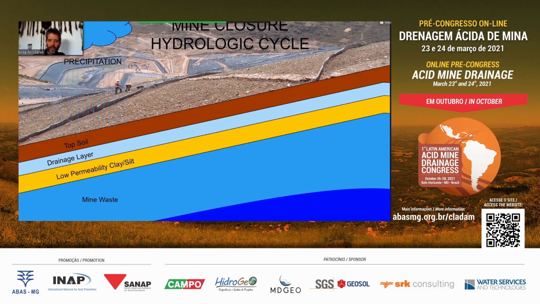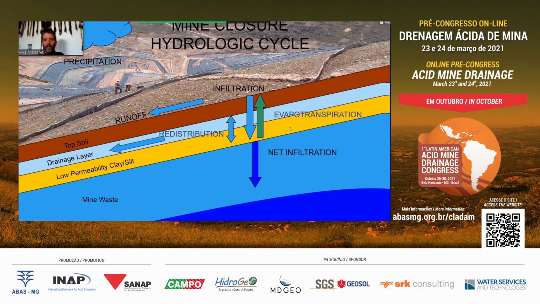So you have precipitation, runoff, infiltration, the redistribution, so some of the water will go out of the drainage layer and some of the water will go back, continuing to go into the low permeability clay layer. And then ultimately you have evapotranspiration and then net infiltration.